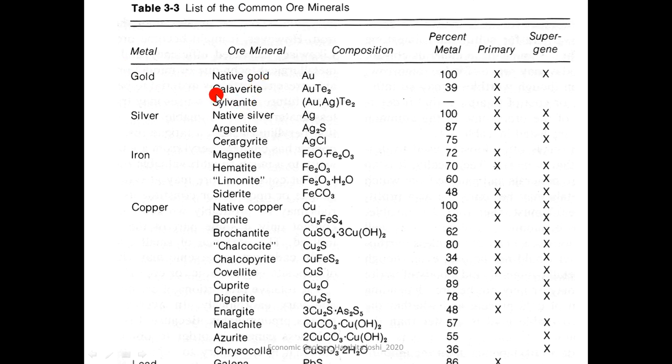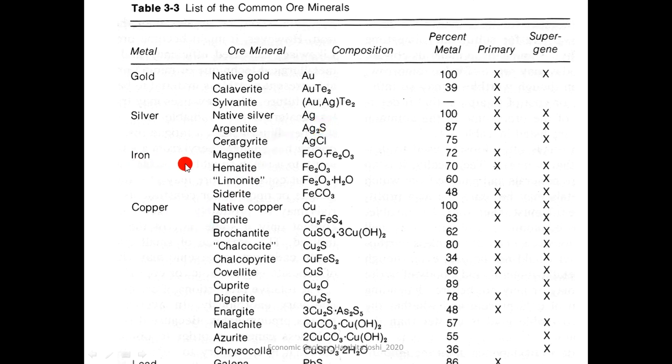We may get them as calaverite, that is, gold is associated with another element. And then silver, we get it in a native form, or as argentite, associated with another element.